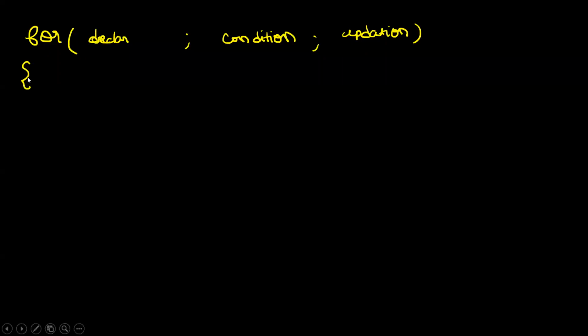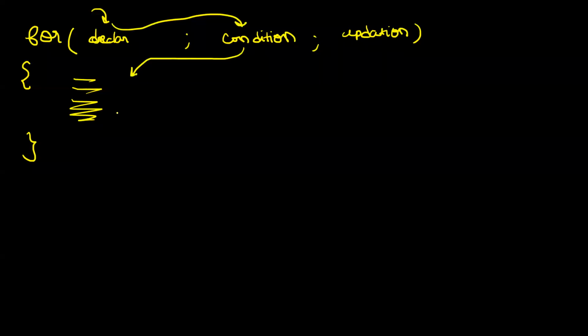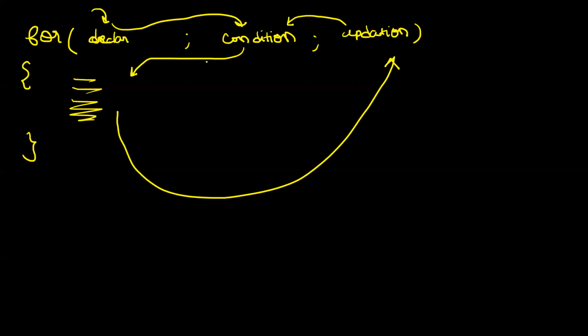And then within these curly braces you write whatever lines of code you want. What was the flow of execution? You start from here, you go to condition check. If it is true, you enter inside, run all lines, go back to updation, again check the condition, and this cycle continues.